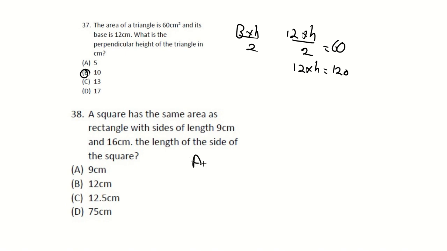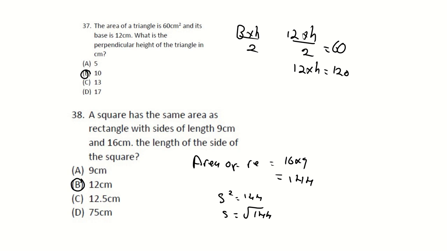So the area of your rectangle is 16 times 9. 16 multiplied by 9 is 144. The length of the side of your square is going to be 12, because side squared is 144, so the side would be the square root of 144, which is equal to 12. And that would be the end of January 2022.